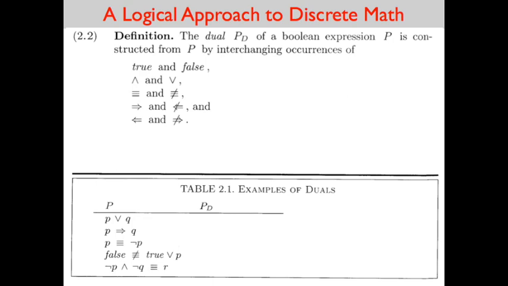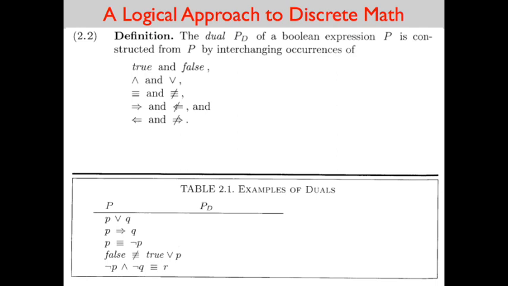Everywhere there's an implies, you make it what? Not what? It starts with an F. Follows from. Not follows from. So everywhere there's an implies, you make it not follows from. And everywhere there's a not follows from, you make it implies.